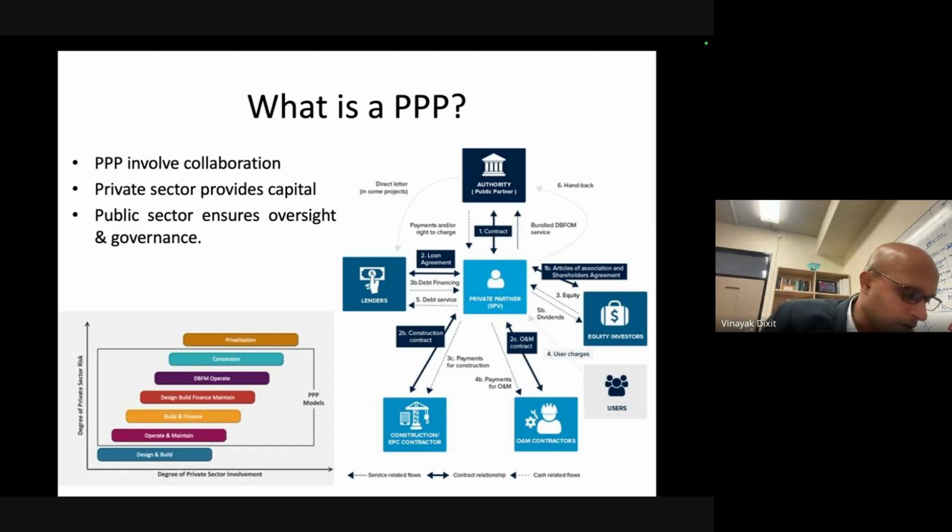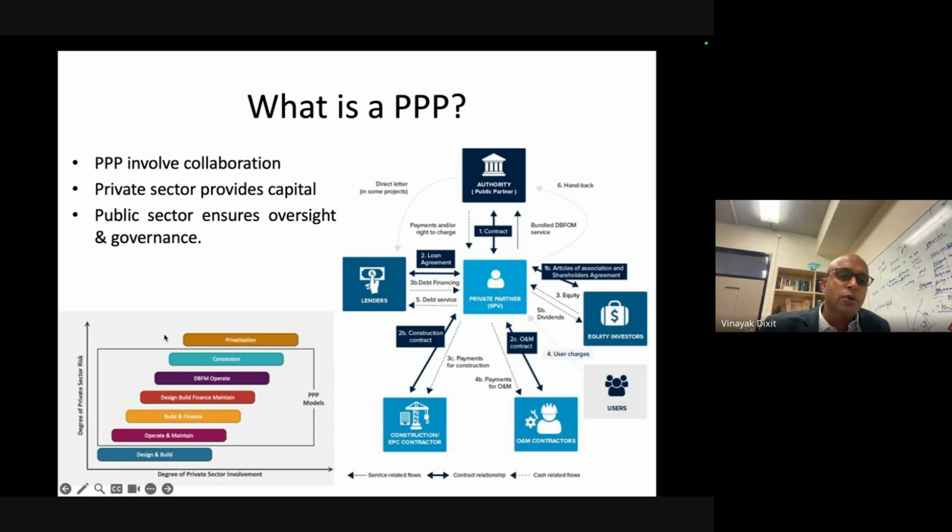When a particular infrastructure is being built, you don't know if there are going to be enough people using it, and whether that infrastructure will get serviced by the revenue that is going to be generated. The private sector is taking the risk of the revenue generation, right? That is where the partnership works out. The private sector takes on risk and provides the capital. The public sector gives oversight and governance around it, right?